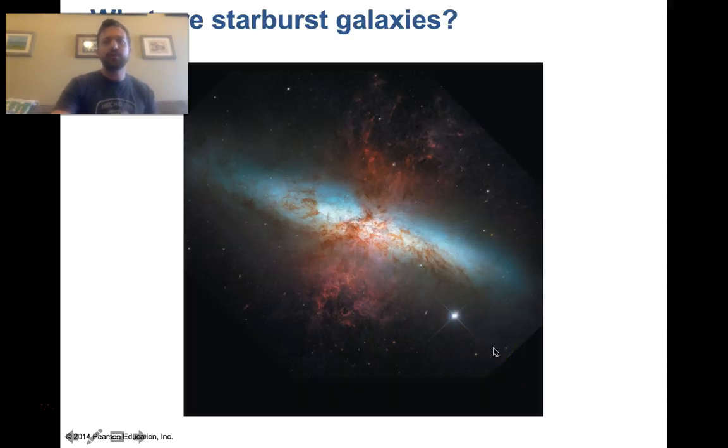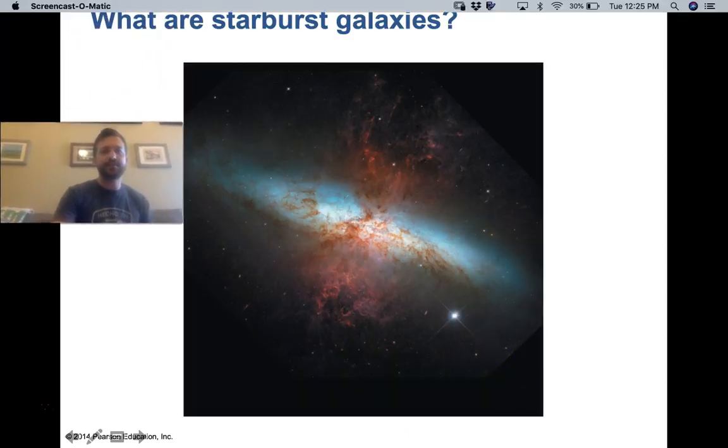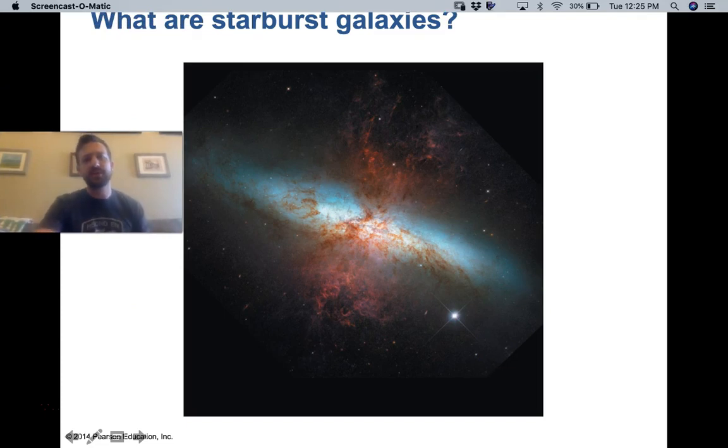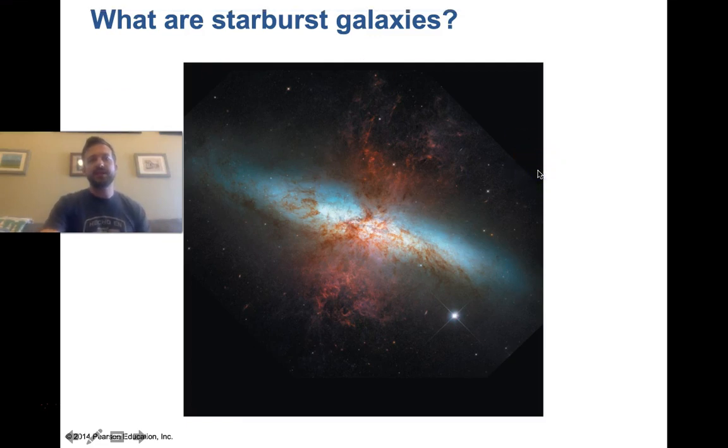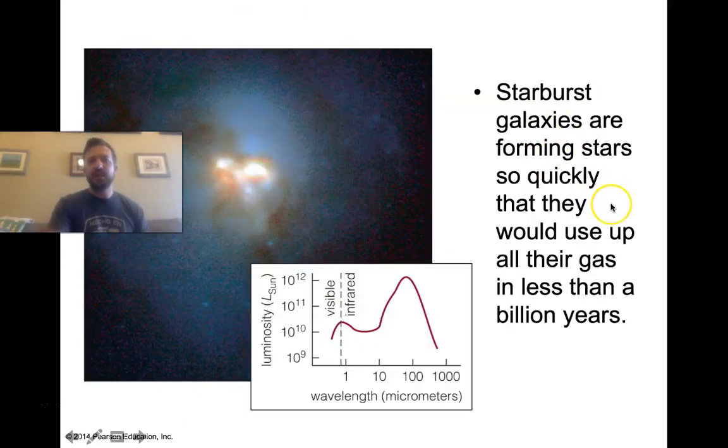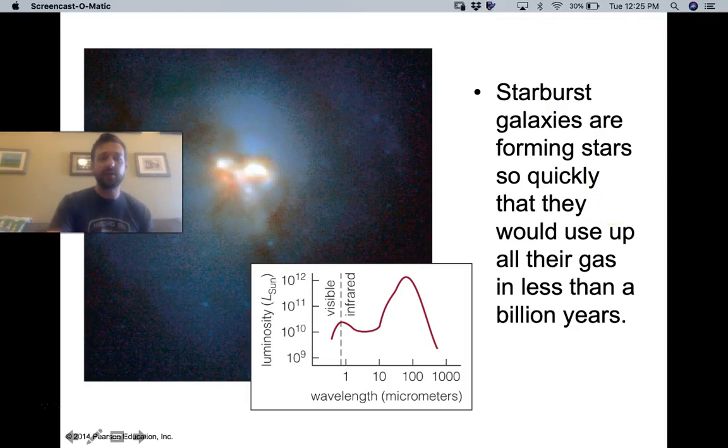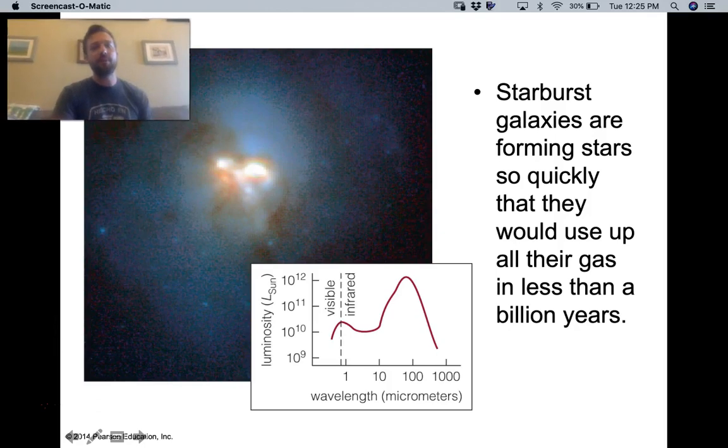Okay, so starburst galaxies. What is a starburst galaxy? Starburst, like the candy, yeah? A starburst galaxy is a galaxy that forms stars very quickly. They form all their stars so quickly and use up all their gases that starburst galaxies are only around for about 1 billion years, yeah?